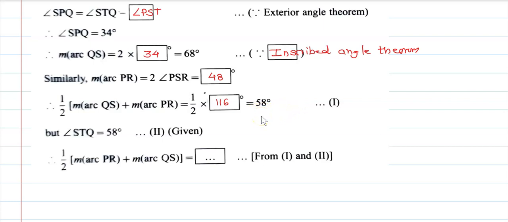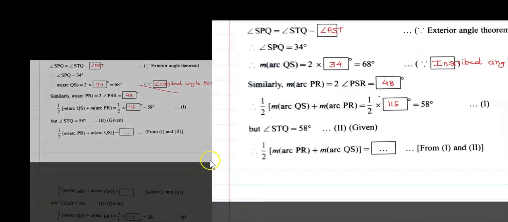But the measure of angle STQ is equal to 58. That means 1 upon 2 into measure of arc QS plus measure of arc PR is equal to 58. This is one. But the measure of angle STQ is also 58, and hence 1 upon 2 into measure of arc PR plus measure of arc QS is equal to measure of angle STQ.